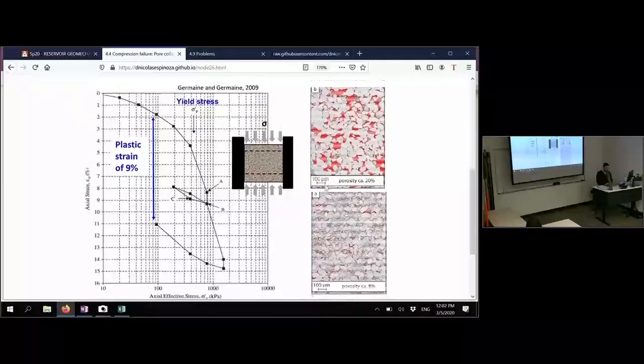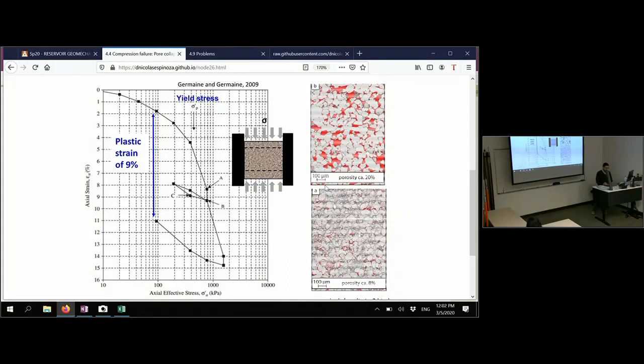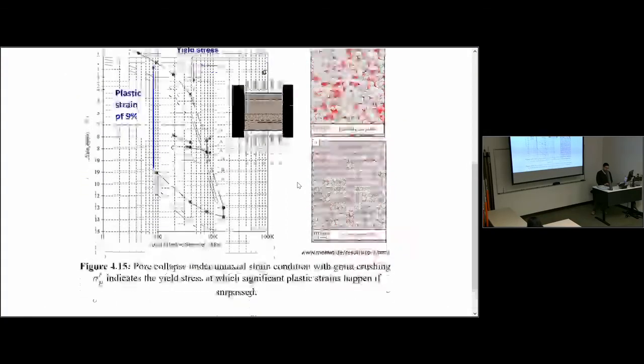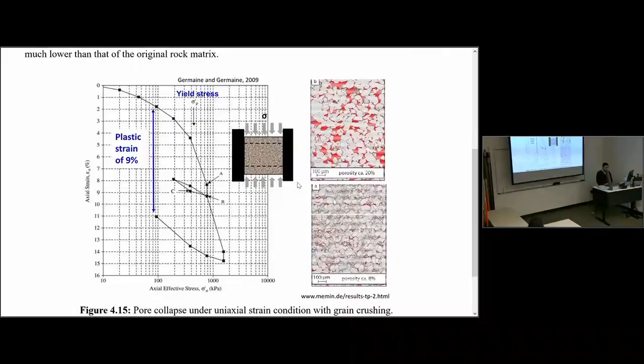Here you have an example of rock that in this case actually is sand, very angular sand. This is the condition before loading, and if you apply a significant stress, as you do, for example, when you deplete a reservoir, the total vertical stress stays constant because the weight of everything on top didn't change.